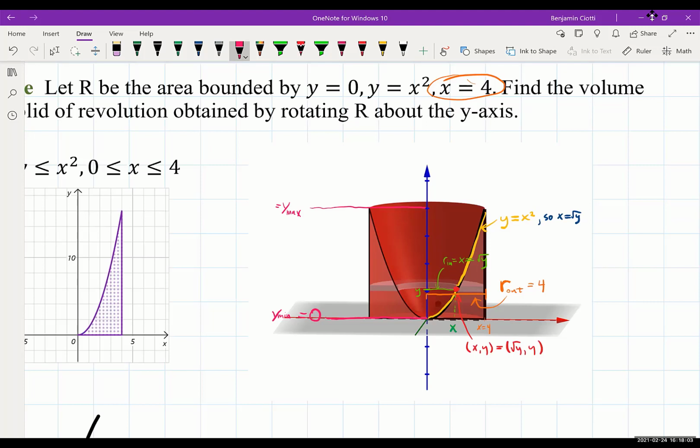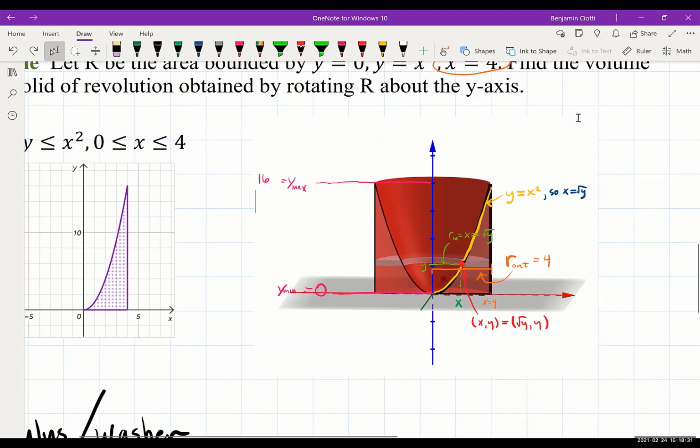That's the maximum x value. 16. Oh, yeah, because it lies on the line where y is x squared. So good. Apparently it's 16, and you can see that because it lies over where x is equal to 4. Good. So we now have everything we need to find the volume.